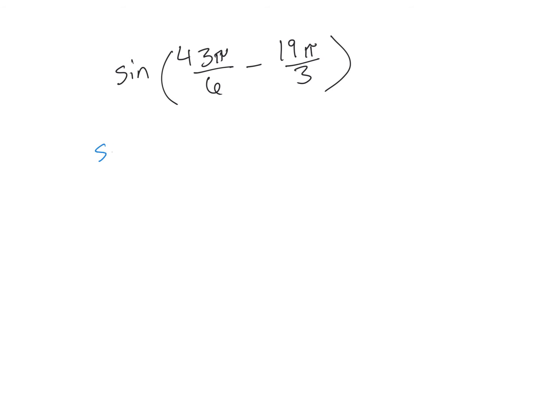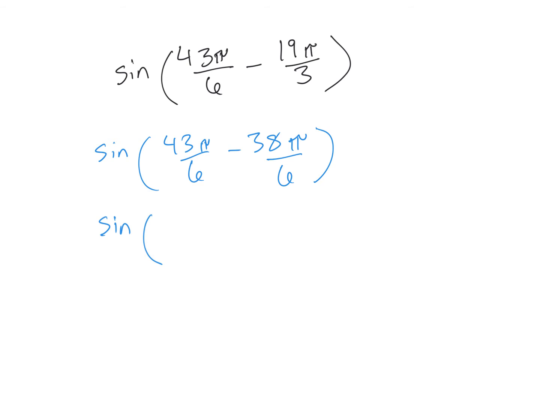We have sine of 43 pi over 6 minus, multiply the second term by 2, so we have 38 pi divided by 6 here. This equals then the sine of 5 pi over 6.